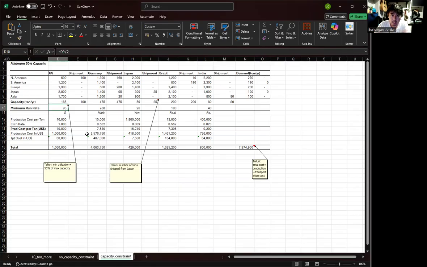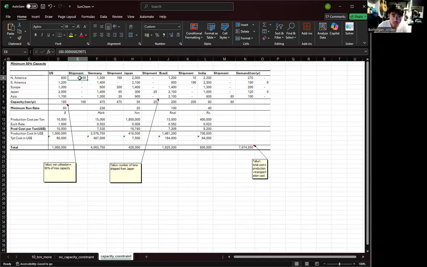Other data here is that the numbers below each location describe the individual costs of shipment to its destination. That involves all of the locations right here.